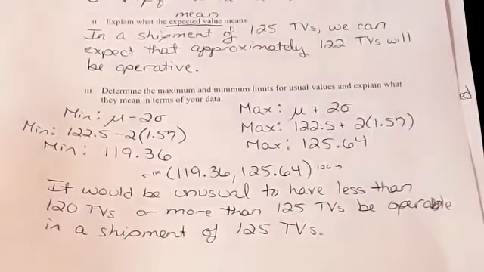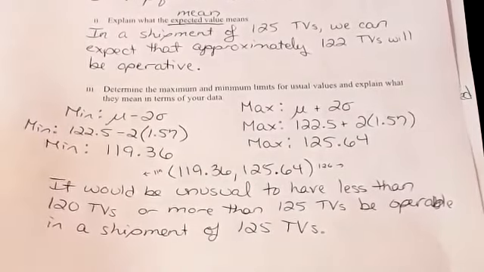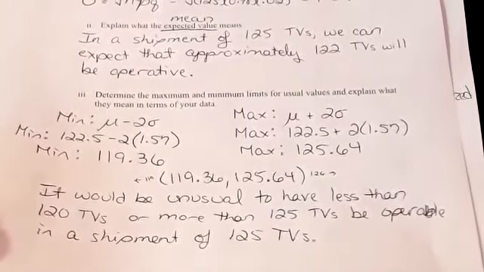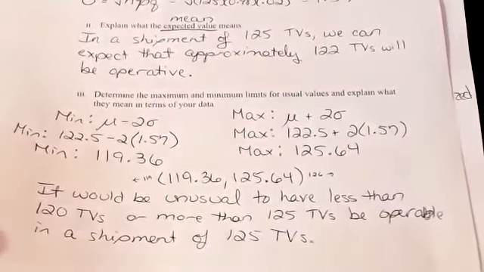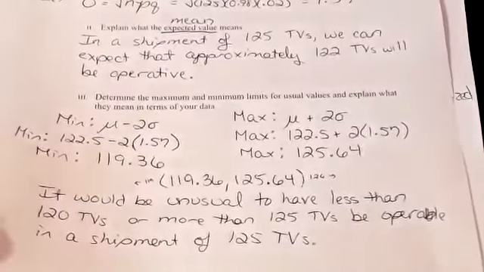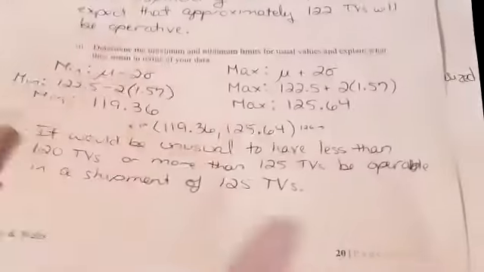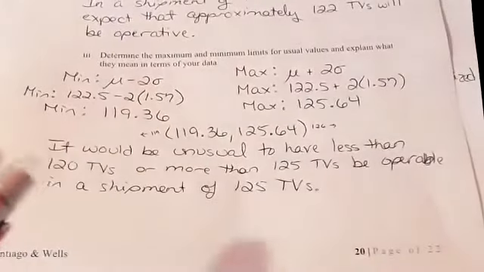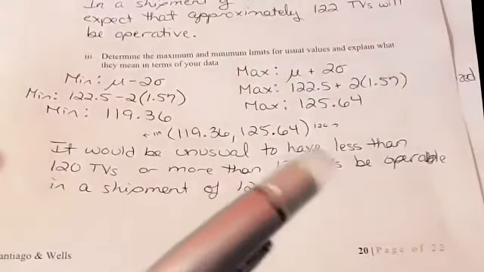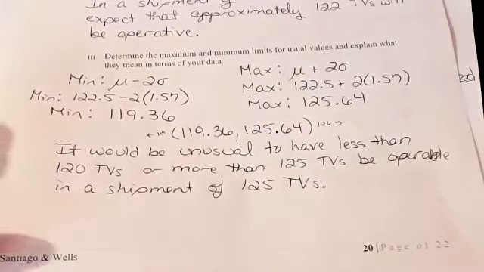Can you read each of the descriptors here? Yes, Emma. Okay, check this out. Emma just said you use the N value in a shipment of 125 TVs. Do you see that that was our N? It would be unusual to have less than 120 TVs or more than 125 TVs be operable in a shipment of 125 TVs.